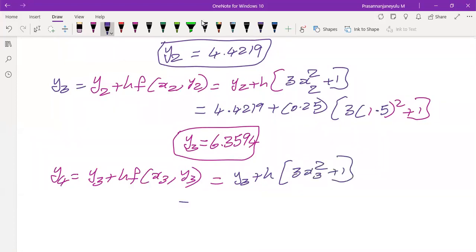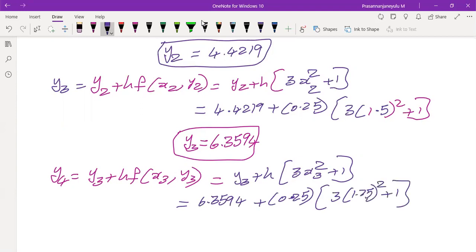Now substituting all the values of x3, y3 and h: the y3 value is 6.3594 plus h value 0.25 into x3 value 1.75, whole square, plus 1.